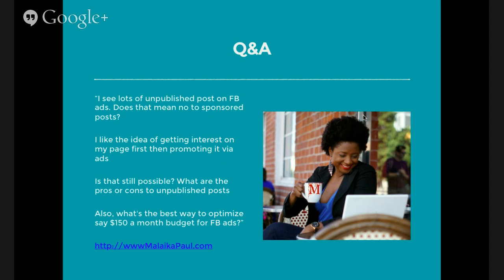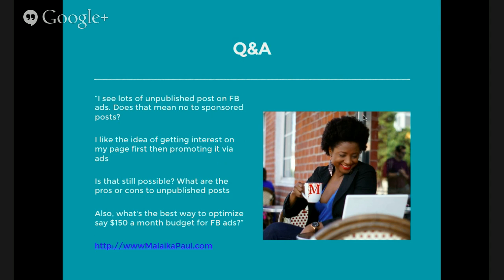So my guess is that you're hearing people talk about unpublished posts because you can't see them. That's the point of them. But sponsored posts are the same as unpublished posts. What an unpublished post is, okay, let me go back a little bit. Basically, when you're creating a page post ad, which is the majority of ads that you see right now, not sidebar ads though, you have two choices.